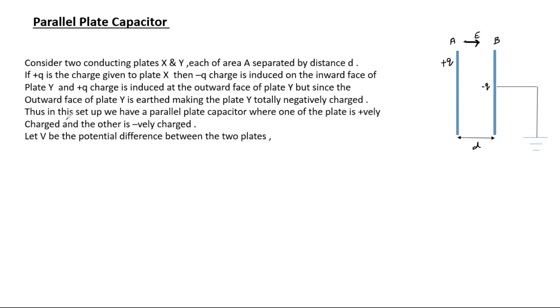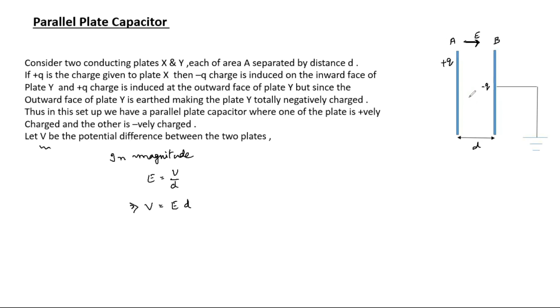We have assumed that V is the potential difference between these two plates, A and B. So if I want to express this electric field intensity and electric potential in magnitude, it will be expressed as E equals V by d. That means the potential difference between these two plates is the multiplication of the electric field intensity and the separation between the plates.